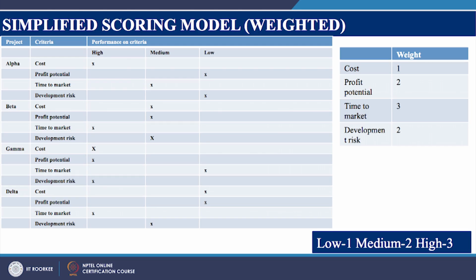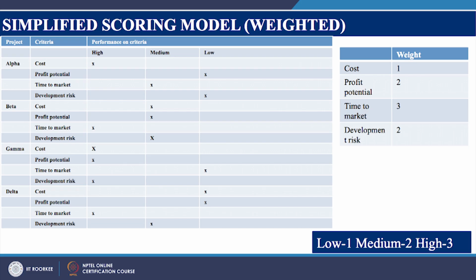Let me give you a hint. So, cost is 1, right. So, 1 into high is 3. So, this is how you should get it. So, this is 3, then profit potential is low, it means 1, and the weightage for profit potential is 2.